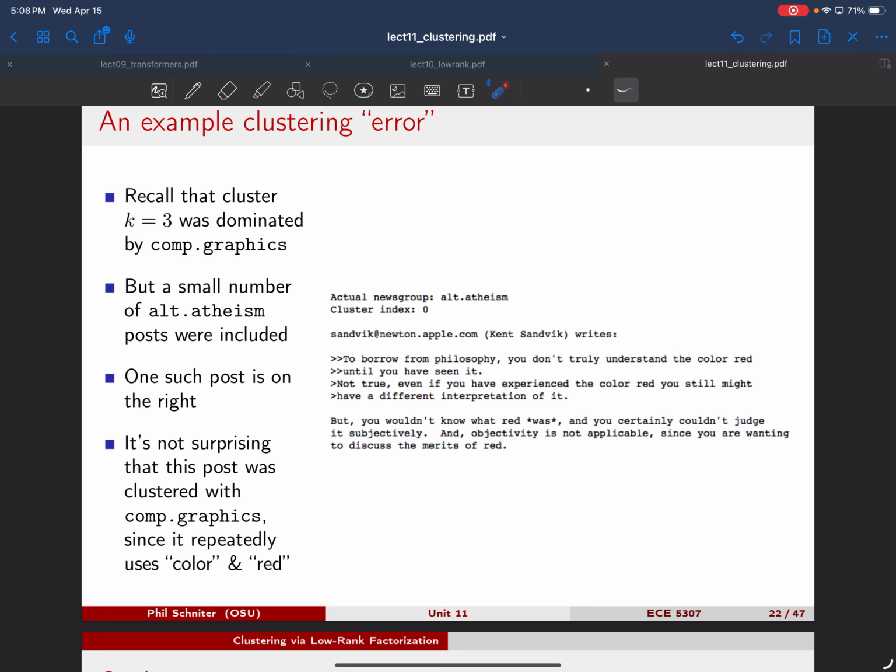When you look through it, you see that it's using many color terms like red and color, so it's not surprising that k-means thought this was more of a computer graphics issue, because a lot of those posts also talked about colors and color names.